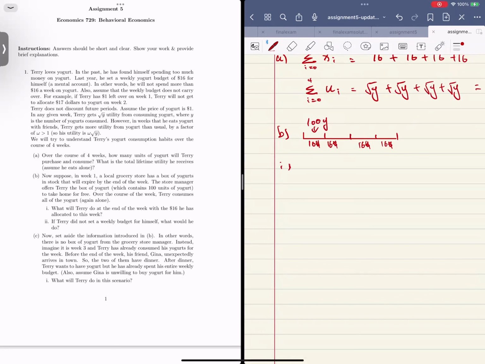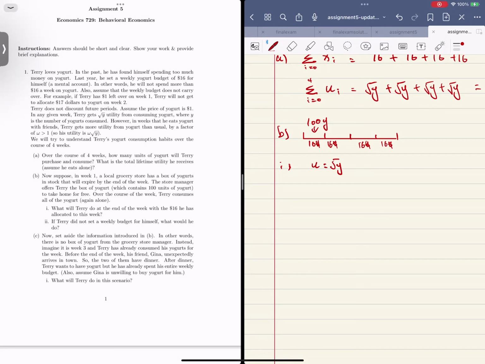So what will Terry do at the end of the week with the $16 he has allocated to this week? Terry's utility function is square root of Y, and it resets every week.